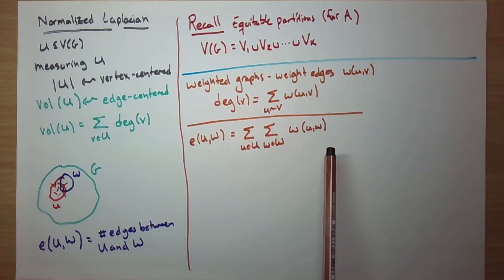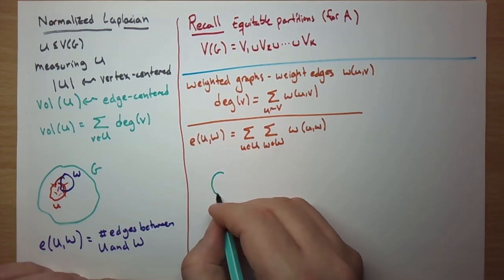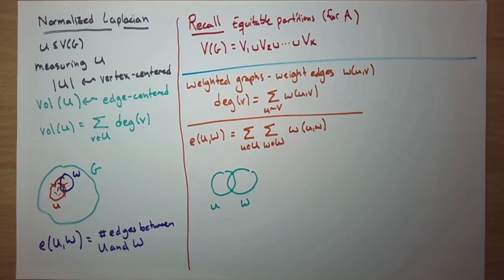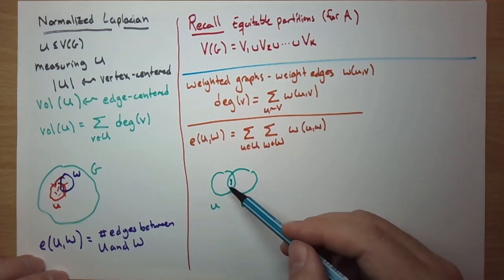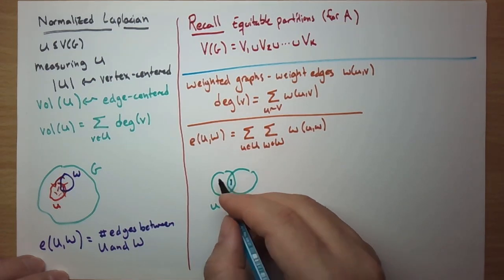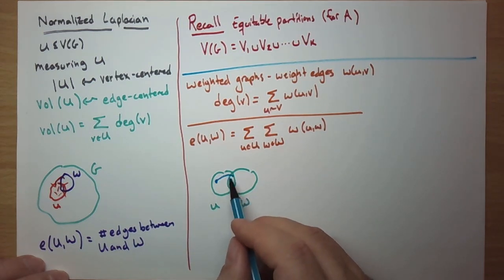Yeah. If I have, let's see, what's your scenario you want to check? So here's U, here's W. Well, if we're in the overlap, then it depends on whether I think of the first vertex as being in U or in W, because essentially I have a choice of which one's in U and which one's in W. Now, if I have something here, is there a choice for both of them?